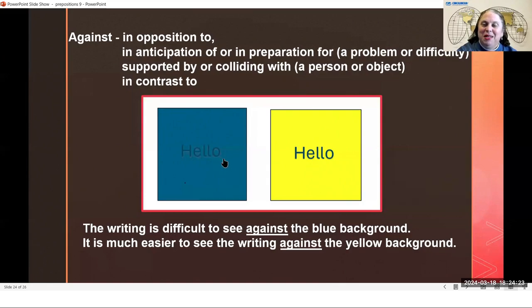These are only a little different, which makes it difficult to see. Because these have a big contrast and are very different, it makes it easier to see the writing. So this is using against, meaning in contrast to. So, 4 different meanings for against.